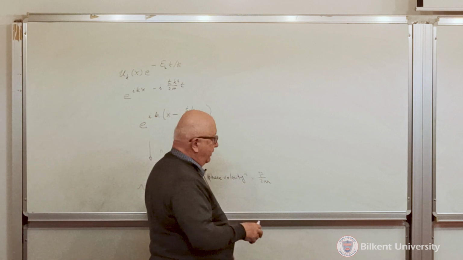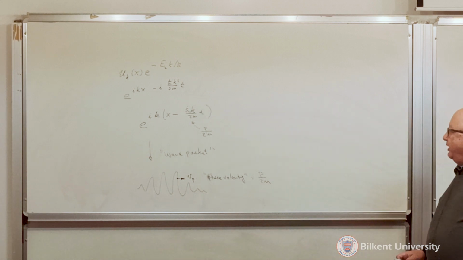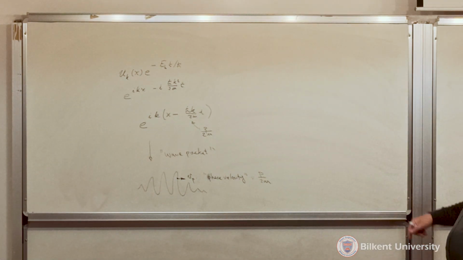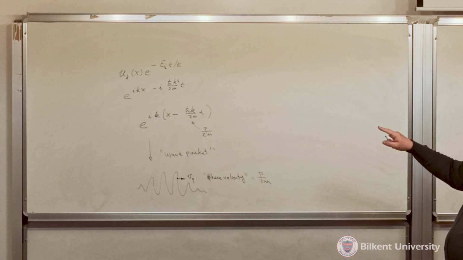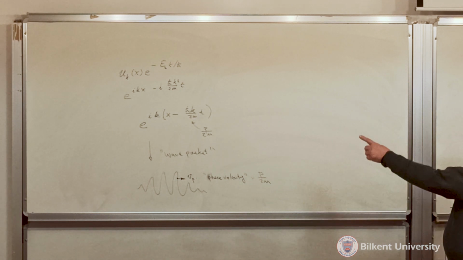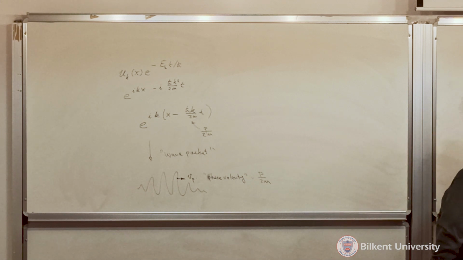Now, if we have a combination of waves, the simplest wave packet that I could construct would be two waves with very similar k and omega.